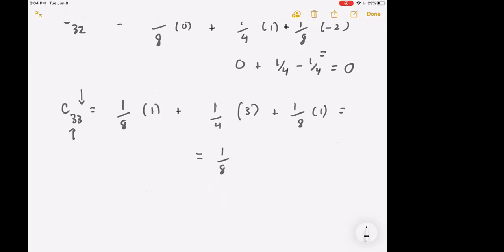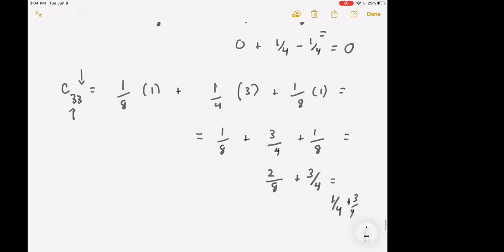So it's worth your while to take the time to go through all of this carefully. So that's going to be 2/8 there, plus 3/4, and that's just 1/4 plus 3/4, and that's just 1.